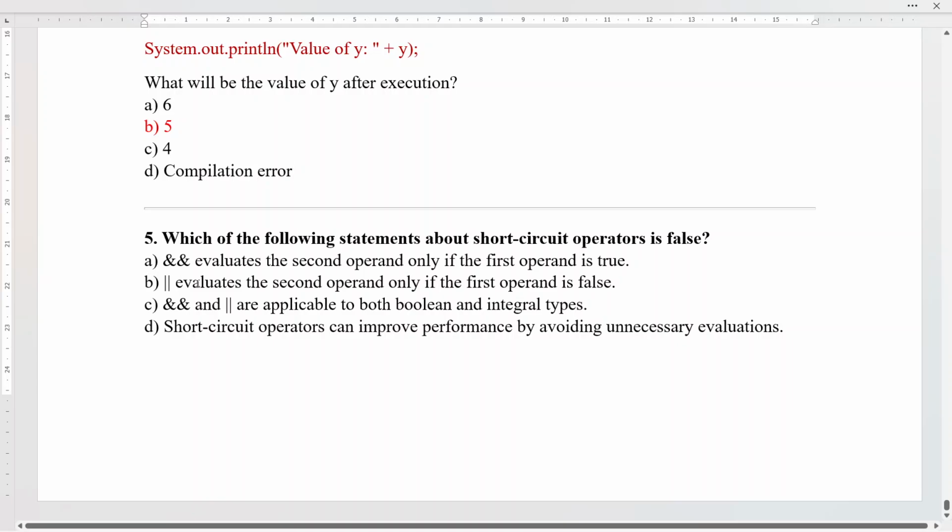And short circuit OR evaluates the second operand only if the first operand is false. Yeah, it is also true. Short circuit AND and short circuit OR are applicable to both Boolean and integral types. No, these are applicable for only Boolean types. So option C is false. So option C is the answer.